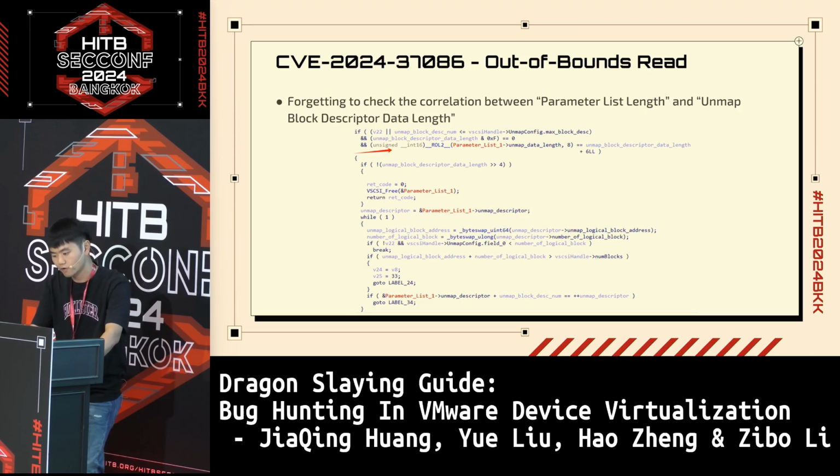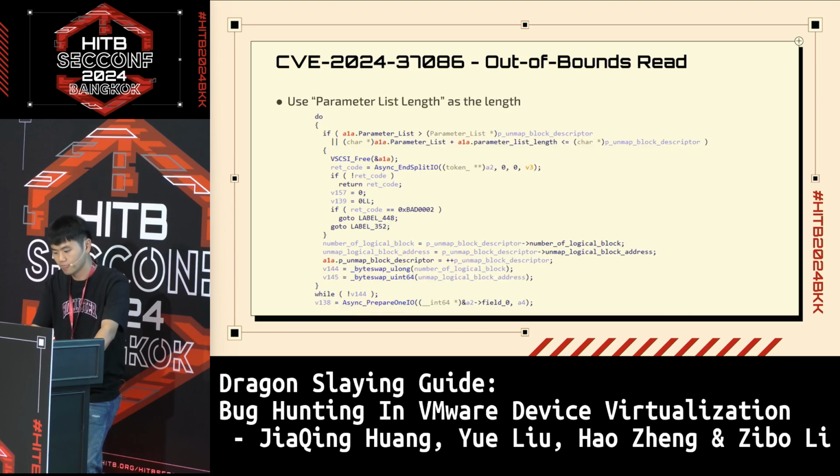But it forgets to check the relationship between parameter list length and the unmap block descriptor data length, and the number of unmap block descriptors is determined based on the unmap block descriptor data length. The user can set the special parameter length to carry a large number of unmap block descriptors, but only the first unmap block descriptor is checked.